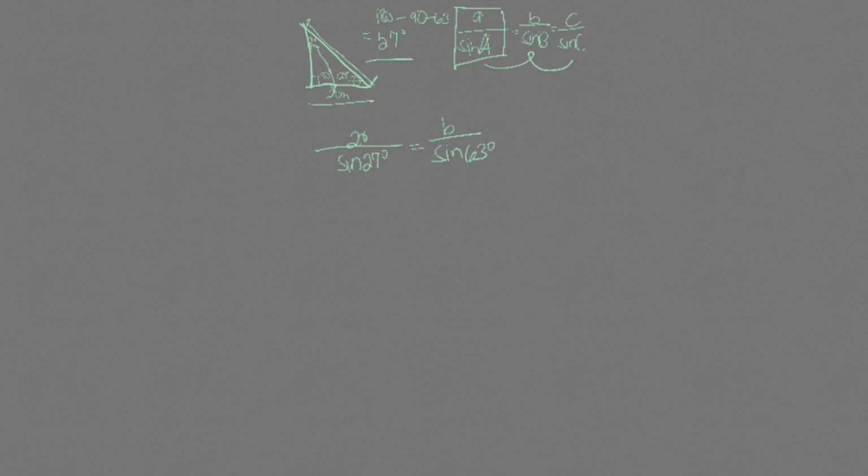Now, we multiply both sides by sine 63 to cancel the sine 63 on the right. So it would be left with b equals 20 sine 63 degrees over sine 27 degrees.